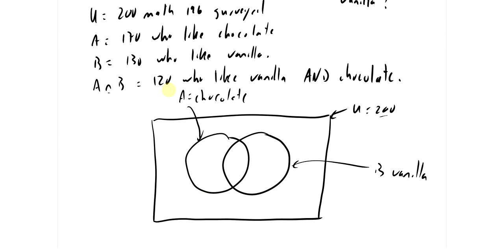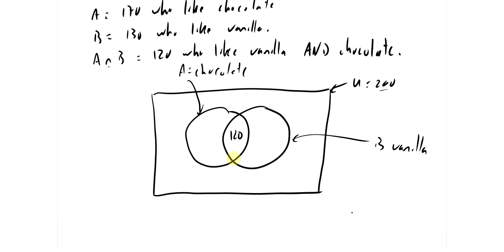Well, that's A intersection B. So that's the 120 who like both. So the overlap between the two circles, that's A intersection B.